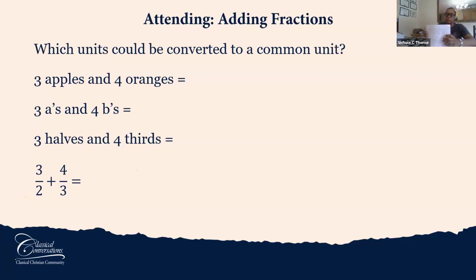But if my equation was 3A plus 4B equals 7, can I combine those in any way? No. So there are some tricky ones there that you could have a great conversation about with your older students, to help them start discerning the difference between what can be converted and what cannot.